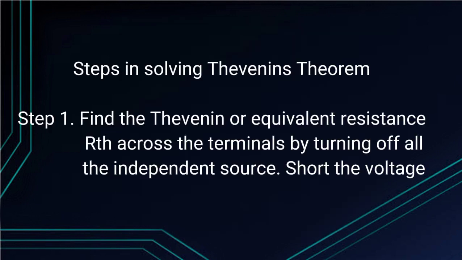We have three steps in solving Thevenin's theorem. First step is to find the Thevenin or equivalent resistance RTH across the terminals by turning off all the independent sources: short the voltage, open the current.